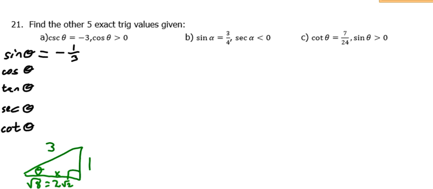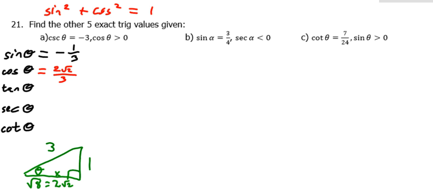If you didn't want to draw out a triangle, you could have used sine squared plus cosine squared equals 1. And then plugged in, since we know what sine is, solve that out. You get the exact same answer. So for cosine, it's adjacent over hypotenuse, which is 2 square root of 2 over 3.